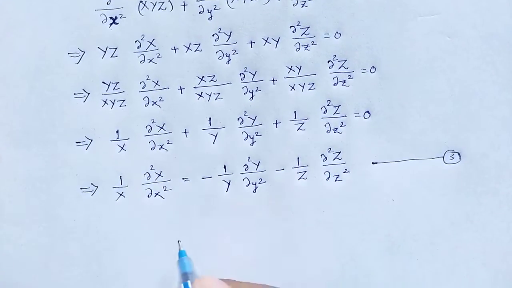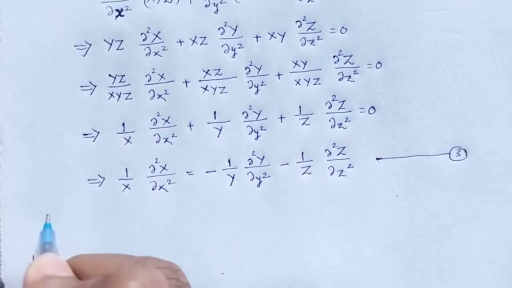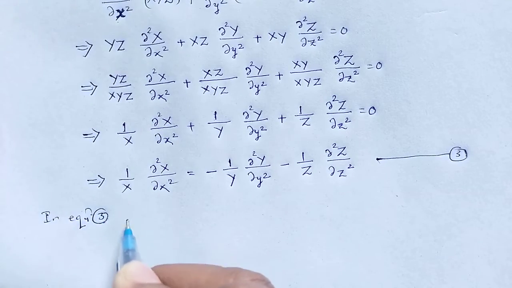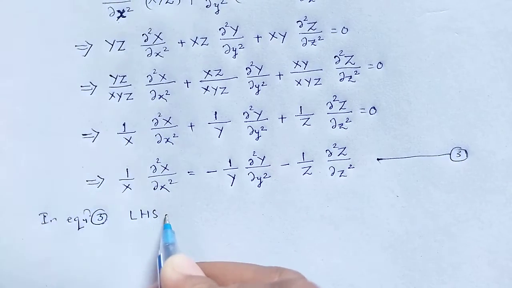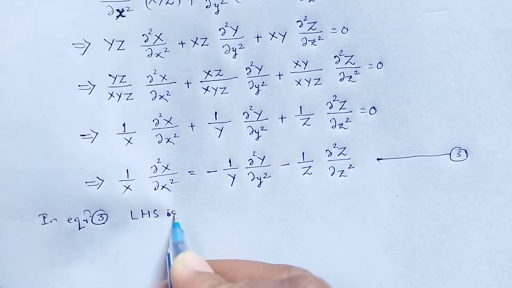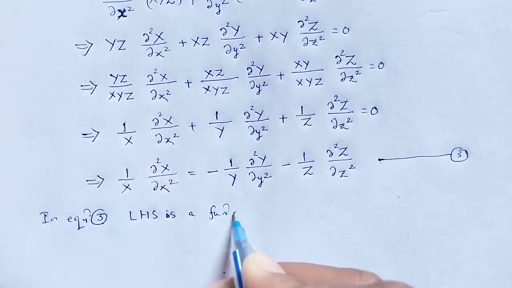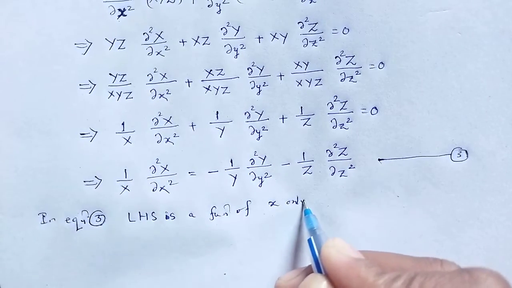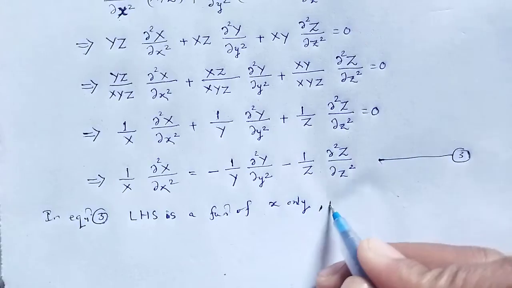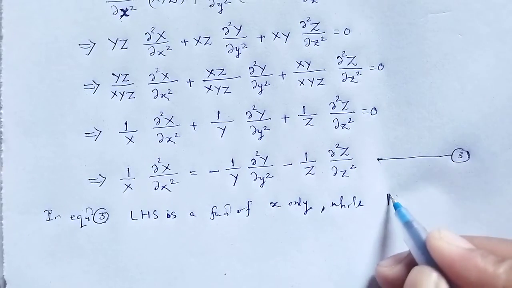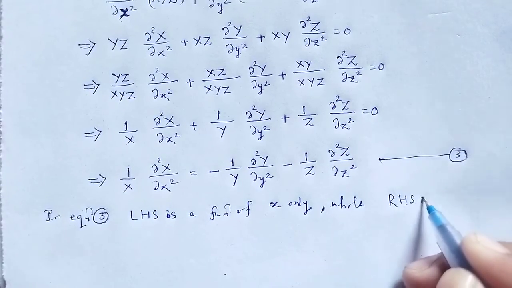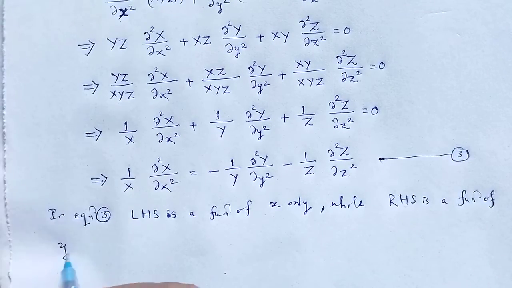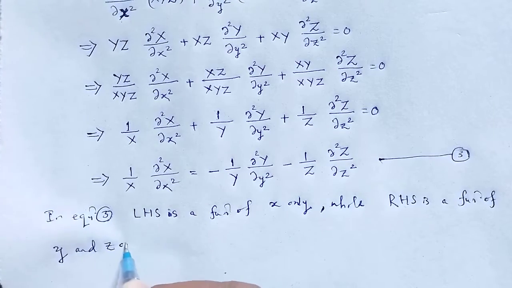In equation 3, the LHS is a function of x only, while the RHS is a function of y and z only.